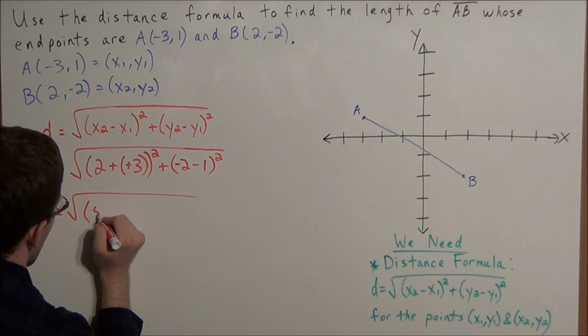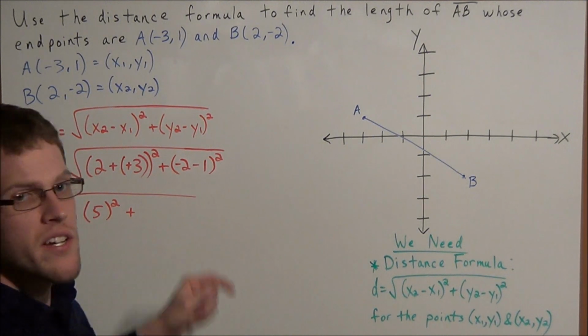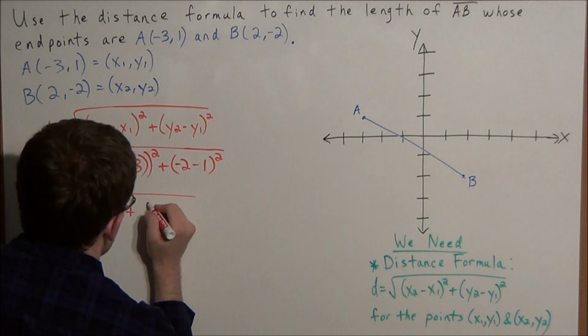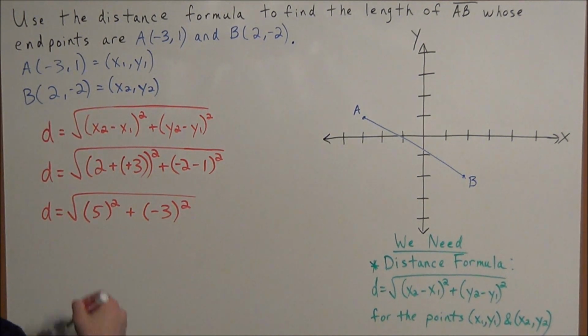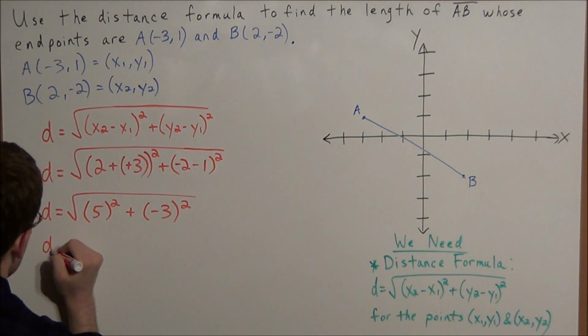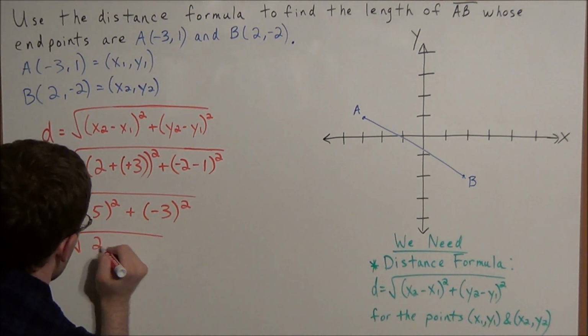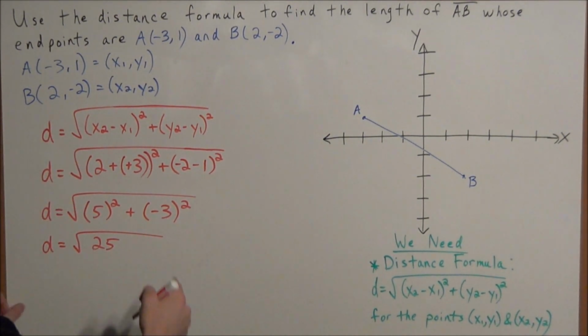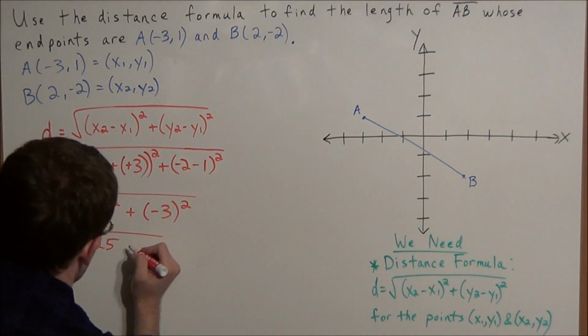So we're looking at 5 squared plus -2 minus 1, which is -3, so we have -3 squared. Next we could simplify further. 5 squared is equal to 25, and -3 squared, or -3 times -3, is equal to 9.